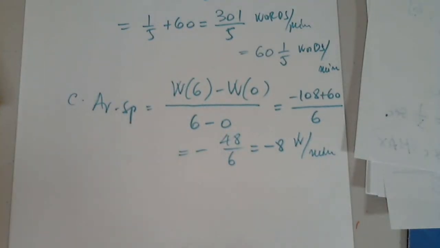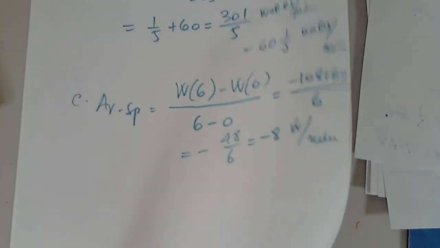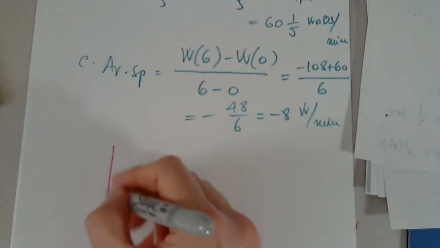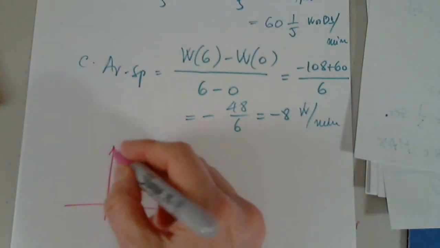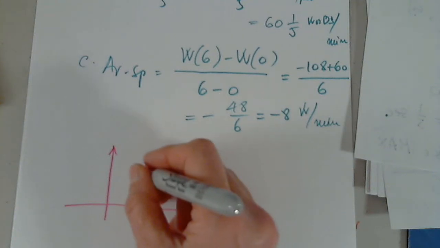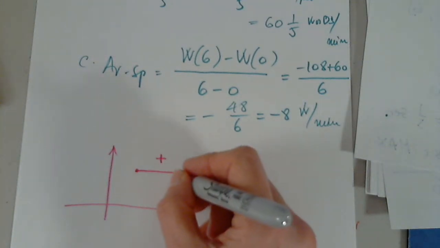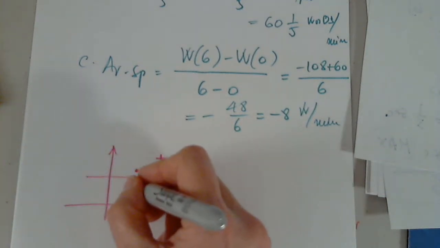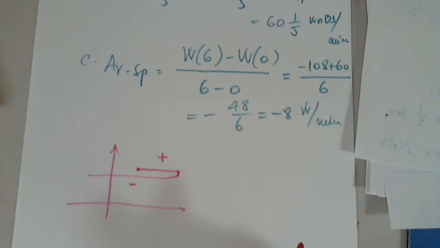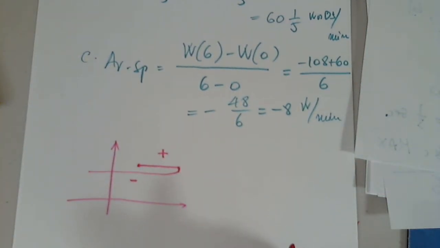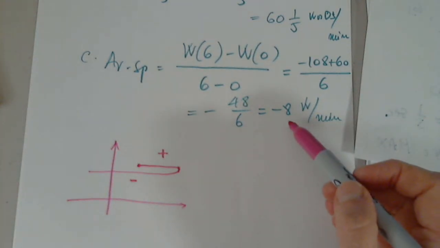It's a very good question. When we look at the speed of a particle, for example, if the particle moves in this direction, the speed is positive. If it moves in this direction, the speed is negative. It's just the direction of the speed. It doesn't mean that you're driving at negative 8 miles an hour.